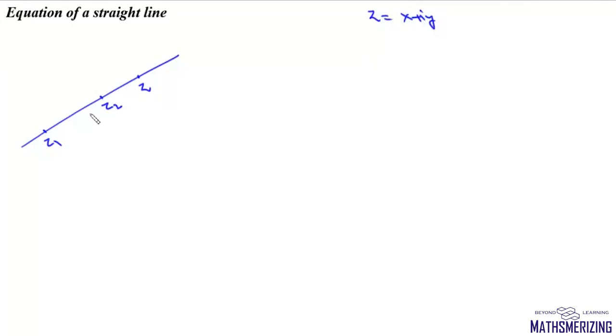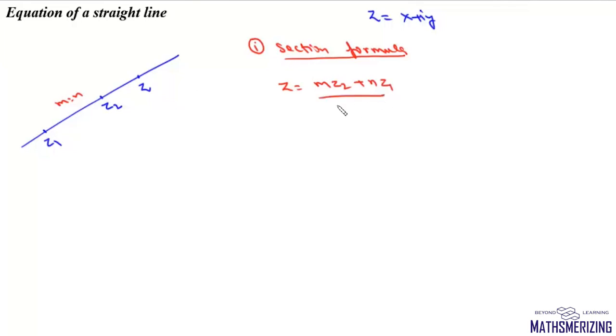Now there are many ways with which we can write this equation, and the first way is using section formula. And section formula says if these 3 points are collinear, then Z will divide Z1 and Z2 in some ratio, say m is to n. We can write Z as (mz2 + nz1) upon (m + n).